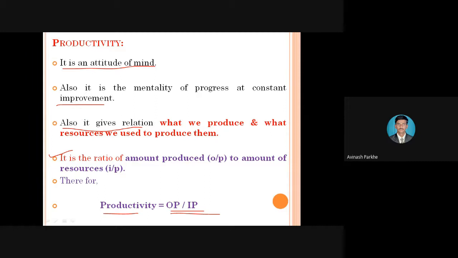Then it also gives the relation of what we produce. That means which product I have to manufacture, and for manufacturing that particular product, which type of resources I have to use. That factor is also considered in the productivity concept, and according to that we have made the definition, that is, the ratio of output upon input.